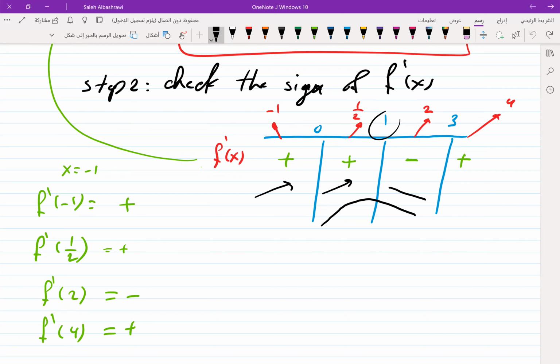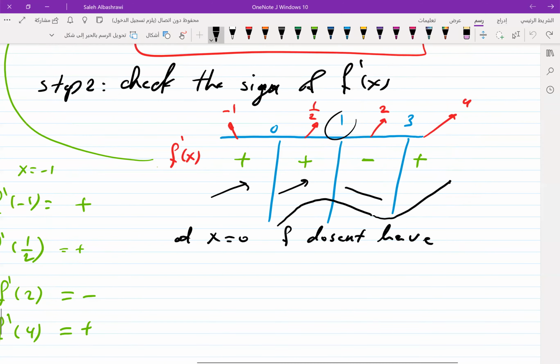It is relative maximum, then negative and positive relative minimum. So we can say at x equal to 0, the function f doesn't have relative maximum.